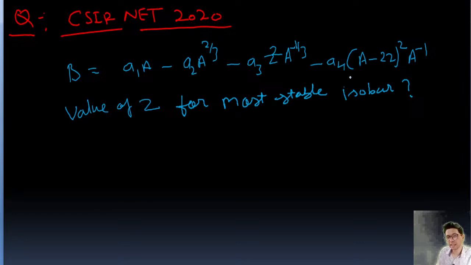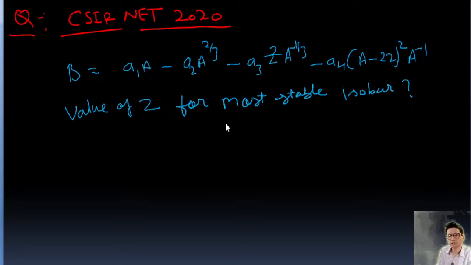We have been given binding energy. This question was asked in CSIR NET 2020. This question paper I have already solved, so you can check it in my playlist. So we have been given binding energy and we need to find out the value of Z for most stable isobar.